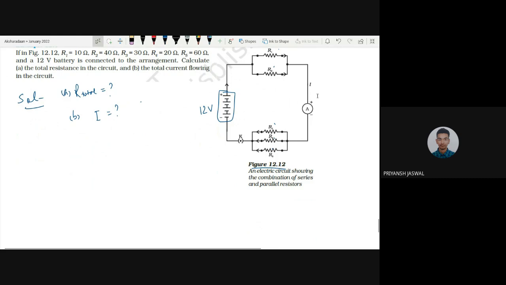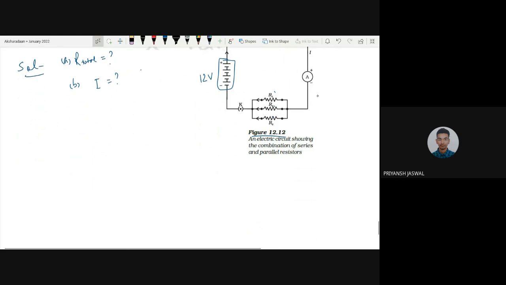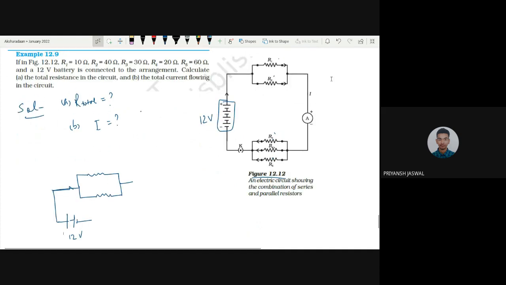First, let me rearrange this circuit a little bit. First, we have a battery of 12 volt. Then there is this combination of resistances R1 and R2. R1 is given to us 10 ohm, R2 is given 40 ohm.